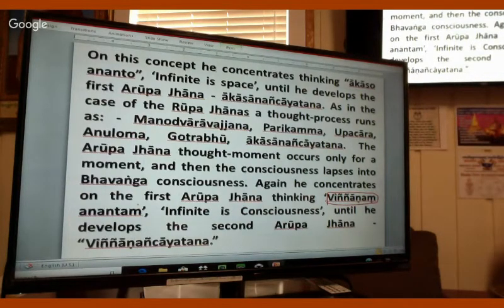So that consciousness also, the object is infinite, so that mind is also infinite. That's why Vinnana Ananda. The first Arupa jhana citta is also infinite. Infinite consciousness.